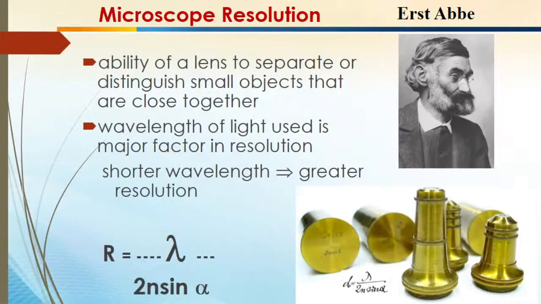So because of that, the famous German physics scientist Ernst Abbe defined the microscope resolution, like the ability of a lens to separate or distinguish small objects that are closer together. The wavelength of light used is a major factor in resolution.